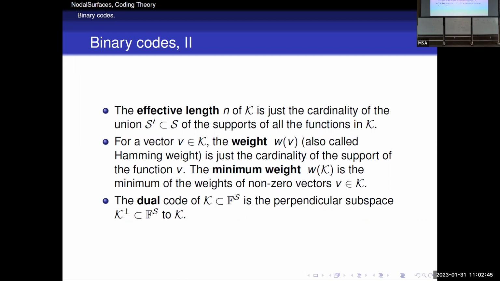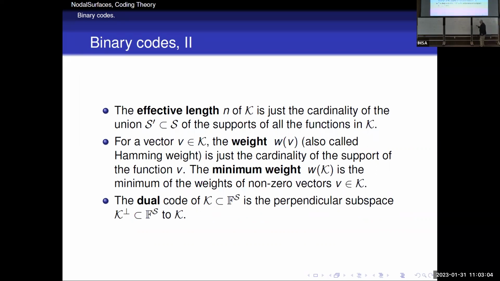And so the shortening is the intersection of the code with the subspace of functions with support in N. And the length of a code is the cardinality of the union of the supports. You have functions on the set S, but they could really be 0 outside a certain subset.